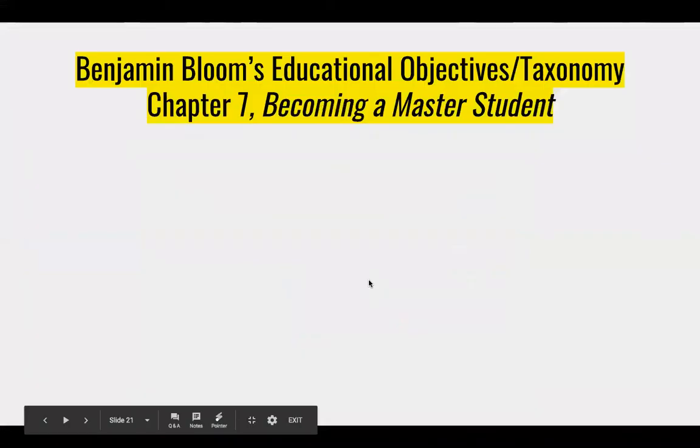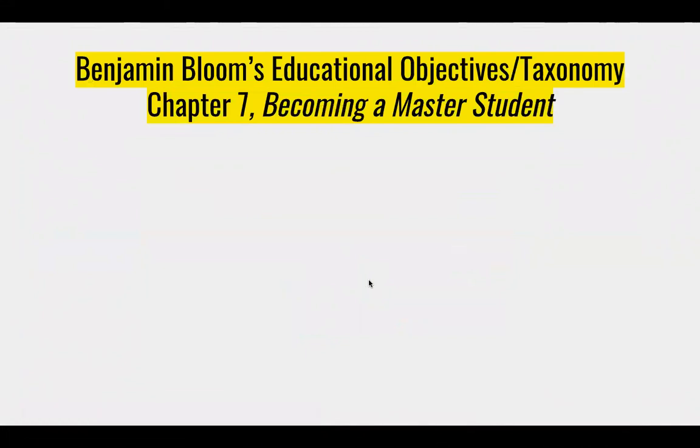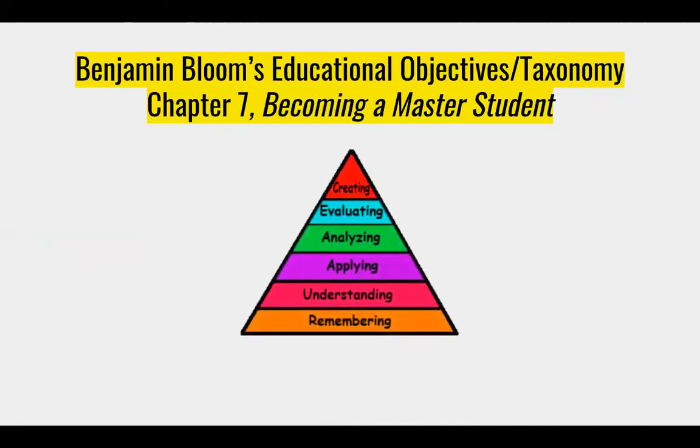First, I'm going to go through what each of these levels means, and then I will show you the activity. So in Chapter 7 of Becoming a Master Student, you see something that looks like this. It's a pyramid that has the different levels of critical thinking.